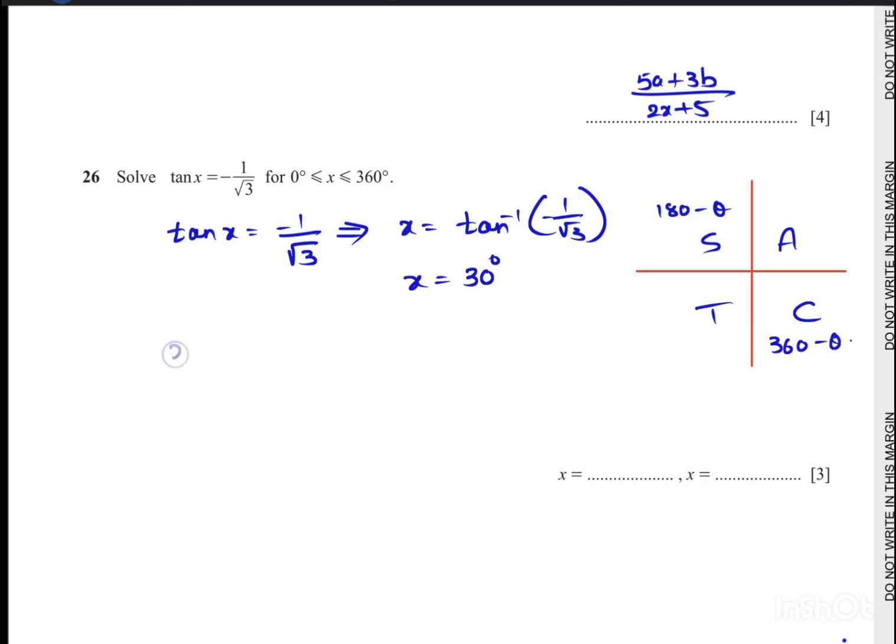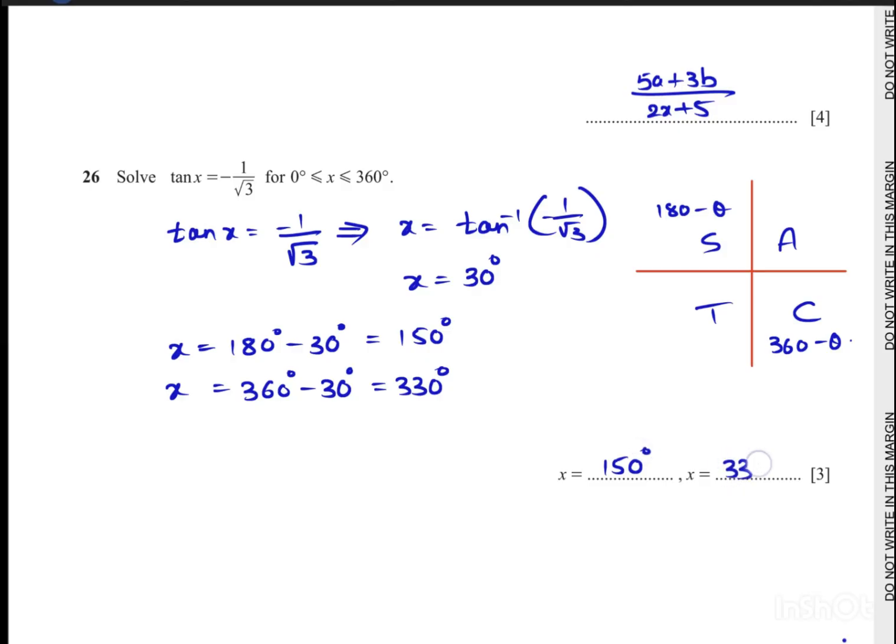So x value will be 180 minus 30, which is 150, and x value will also be 360 minus 30, that is 330. So it is 150, 330.